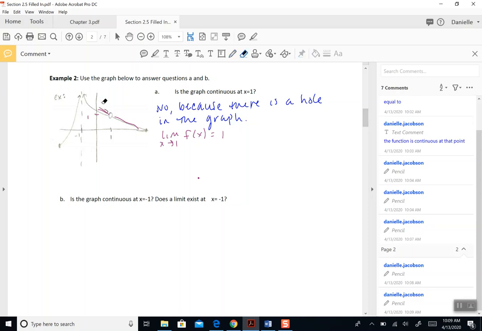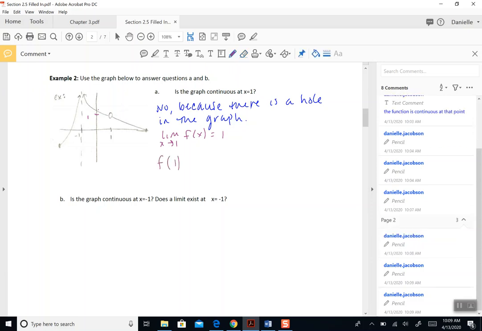All right, so now that we've seen that, let's look at the other part of that continuity definition, and that's that the limit has to be equal to the f of value. So if we look at f of 1, we see that that is undefined. There's a hole there. There's not a definition for f of 1.